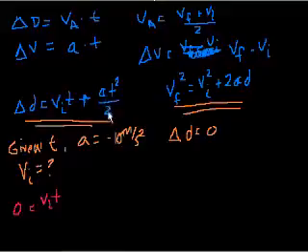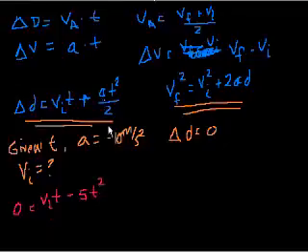So it's minus 5 meters per second squared, we could say, times t squared, right? All I did is I took minus 10 meters per second squared for a, divided it by 2, and that's how I got the minus 5. If you use 9.81, this would be 4.905 something something. But anyway, let's get back to the problem.